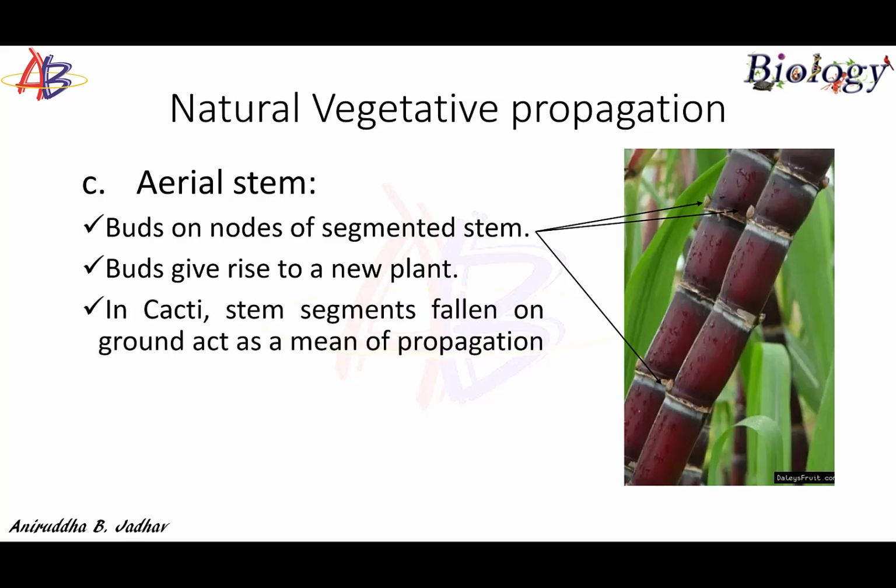In plants like cacti, the aerial part of the stem develops into a new plant only if that part of the stem falls onto the ground, and that serves as a means of vegetative propagation. These are the two examples, cacti and sugarcane, we can consider for the aerial stem giving rise to a new plantlet or participating in vegetative propagation.